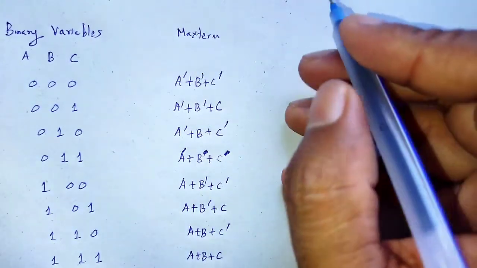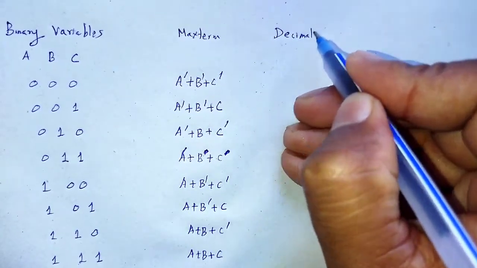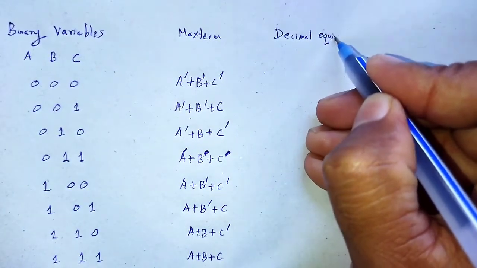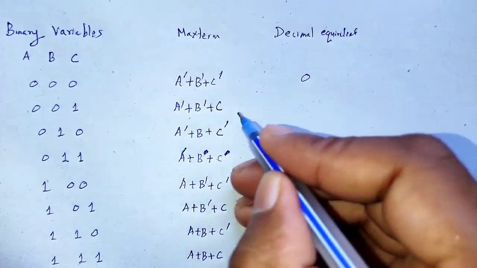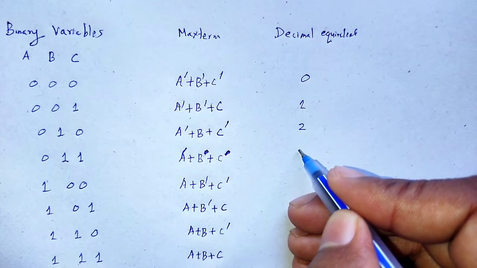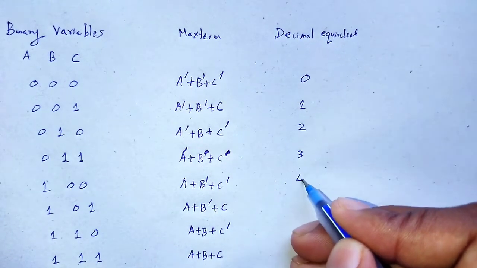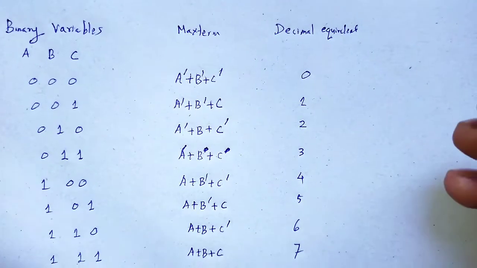Next, its decimal equivalents: 000 as 0, 001 as 1, 2, 3, 4, 5, 6, 7.